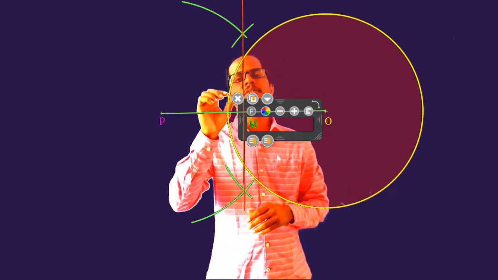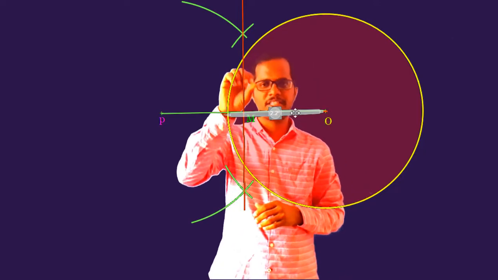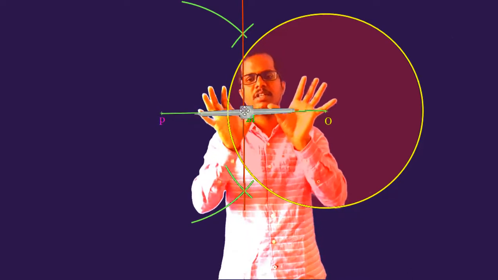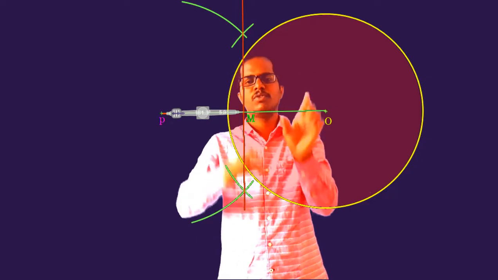Now place the compass on the point M and take the radius MO, or you may take the radius MP also. Since M is the midpoint, the lengths MO and MP are equal. Place the compass on M, take the radius MO and draw one more circle. This second circle will intersect the first circle at two distinct points.